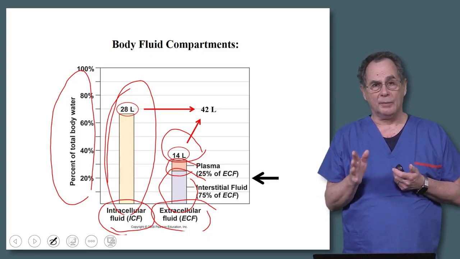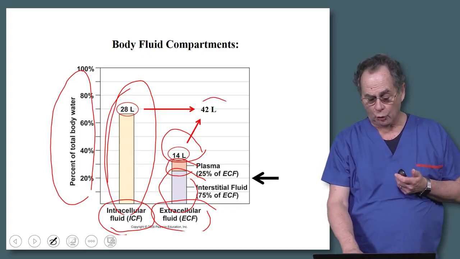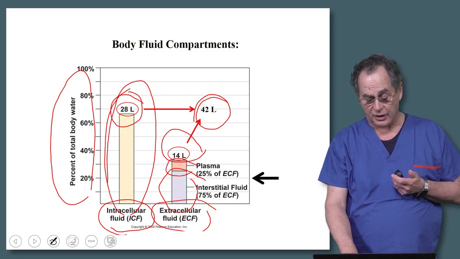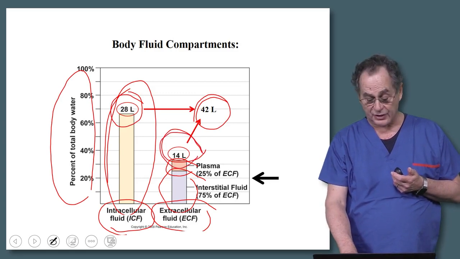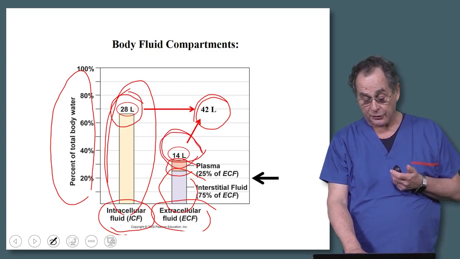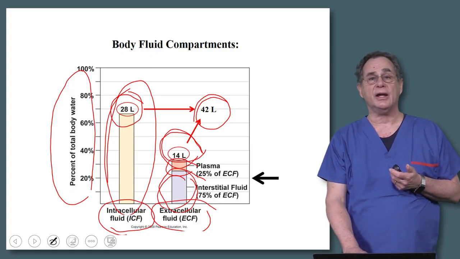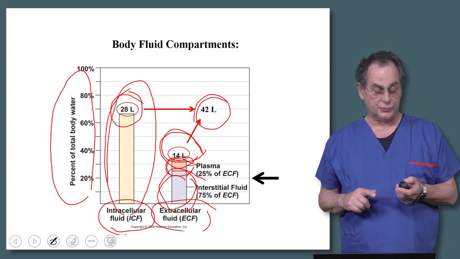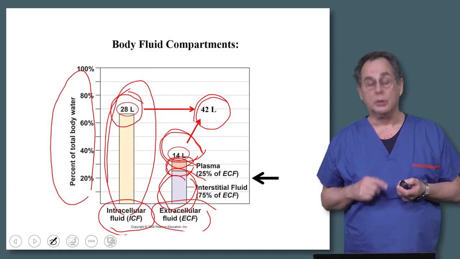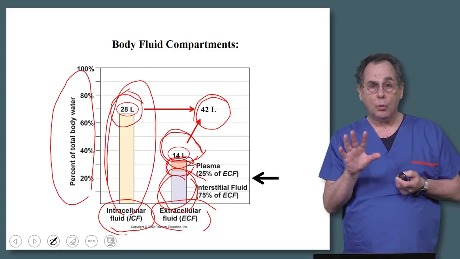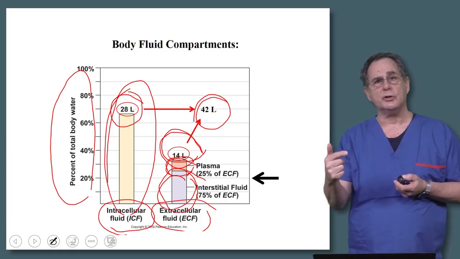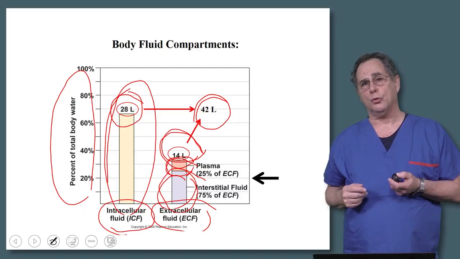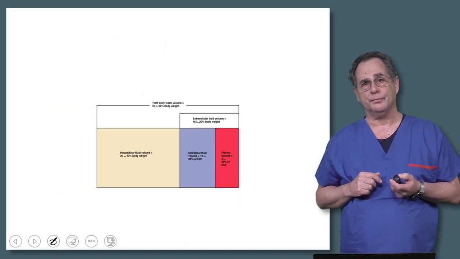Again, showing us that if we know the total body water, we can see that 2/3 is inside the cells, 1/3 is outside the cells, and outside the cells, about 3/4 sits in the interstitial space, and 1/4 sits within the intravascular compartment. These are important numbers, and these concepts will return as we talk about the regulation of water and the regulation of sodium in subsequent lectures.